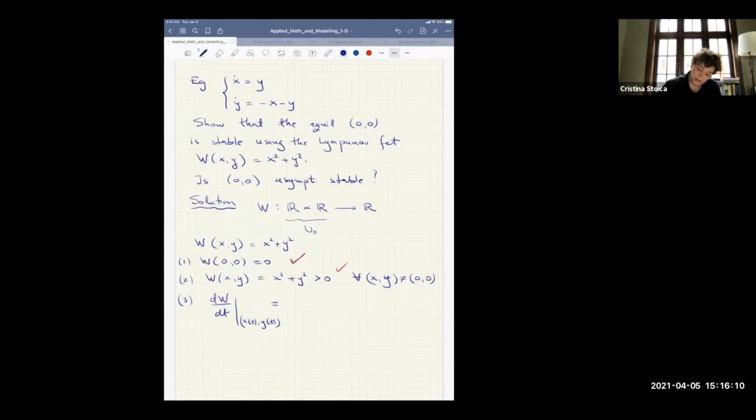So this is d/dt of W of x of t and y of t. Now we have to do the chain rule. So it will be dW/dx times dx/dt plus dW/dy times dy/dt.